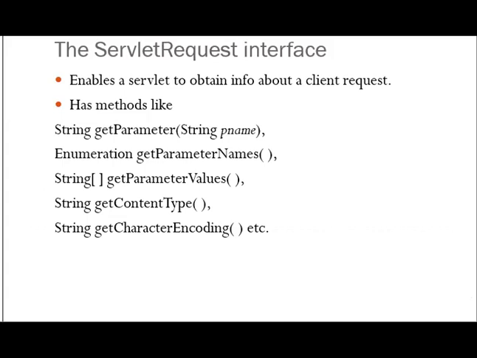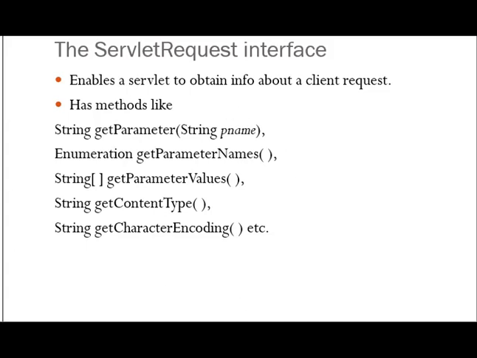Similarly, we have the ServletRequest interface. This enables a servlet to obtain information about the client request. It has methods like destroy, getAttribute, so we can get the attributes, getMimeType, getRealPath, all those things.